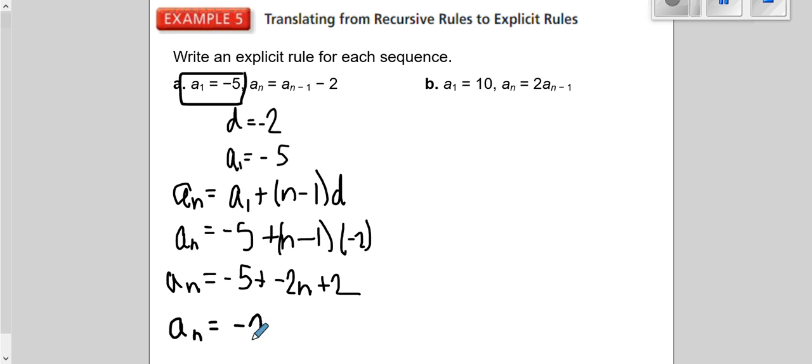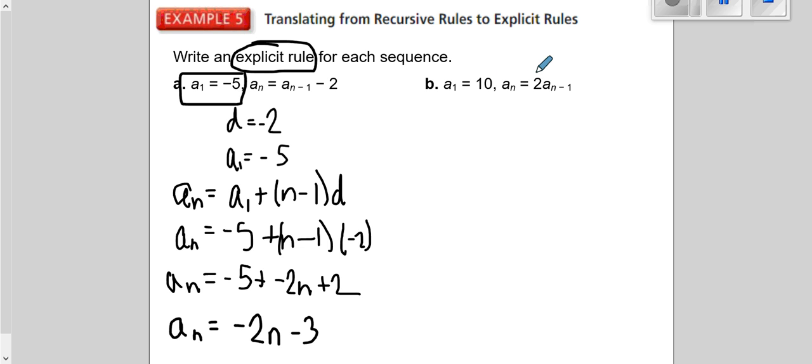Final answer, a sub n equals -2n minus 3. We now know this as an explicit rule for a sequence. At the beginning of the chapter, it was the only rule we knew about. All right, try another one.